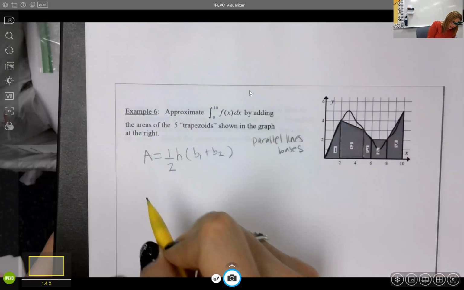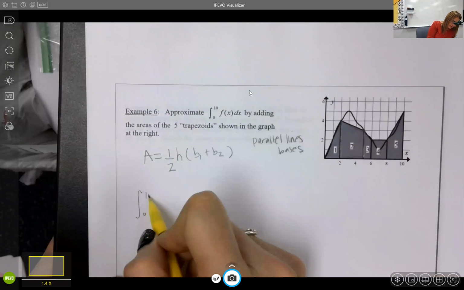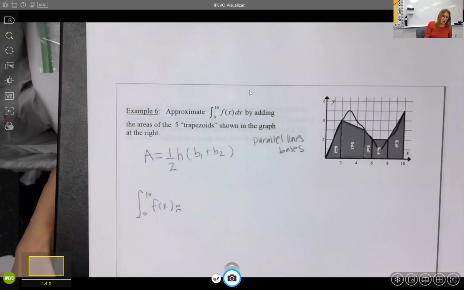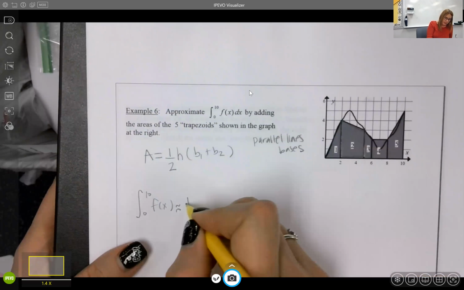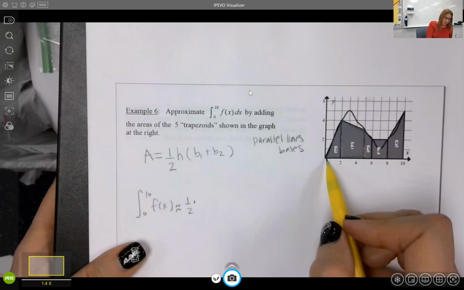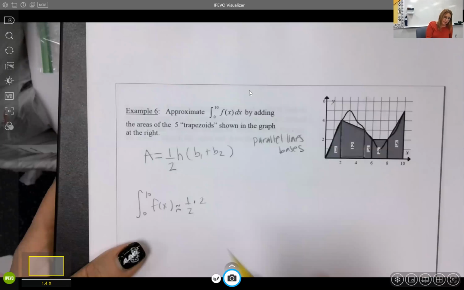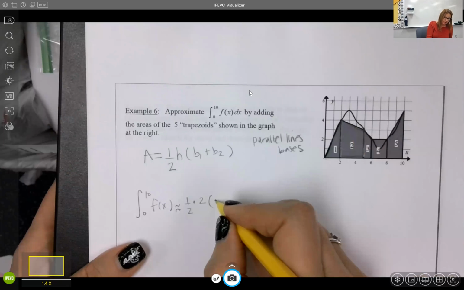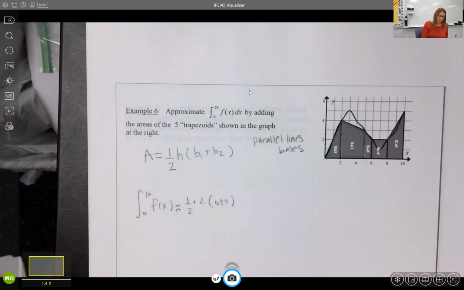So here I'm going to have 0 to 10, f of x is approximately, the first trapezoid, 1/2 times, from here to here is 2, and then base 1 is 0, and base 2 is 4. So that'd be that first trapezoid, number 1.